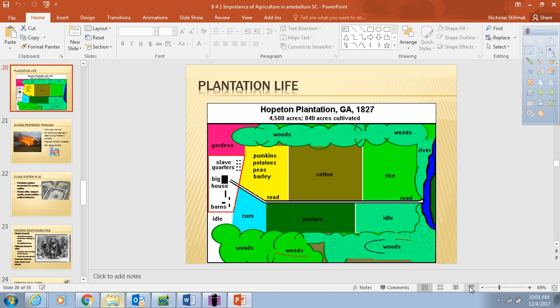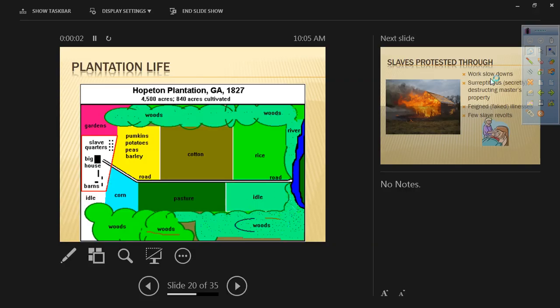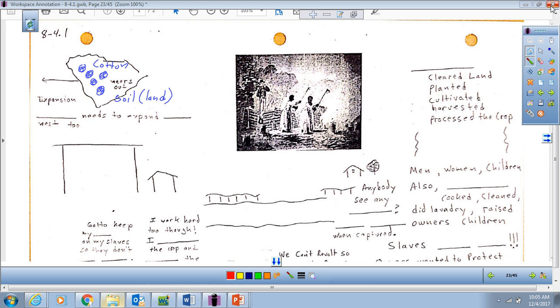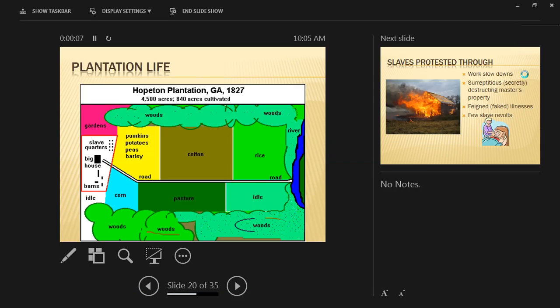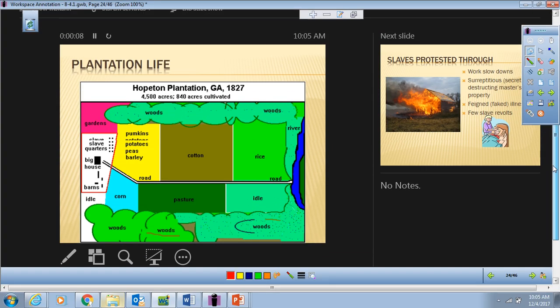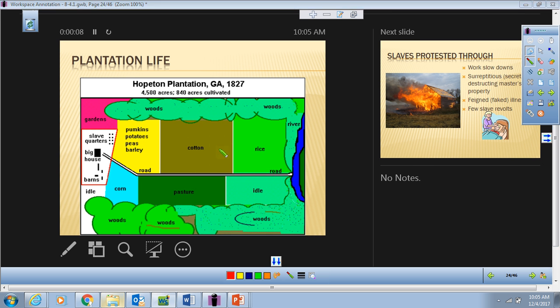Okay. So, cotton wore out the land, but all crops will wear out the land. You have to plant different things in different places year to year. If you planted rice here one time, you kind of have to do rotation.